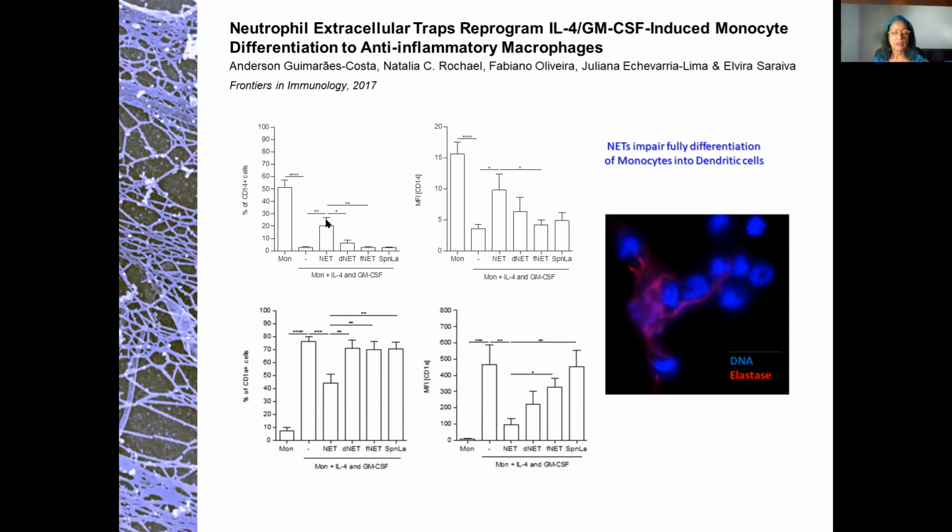Of course, this effect is mediated by NET, but if you digest the NET, if you filter the NET, or if you use the Leishmania supernatant, because these NETs were stimulated with Leishmania, so we have the supernatant control from the parasite, you don't see the same effect.